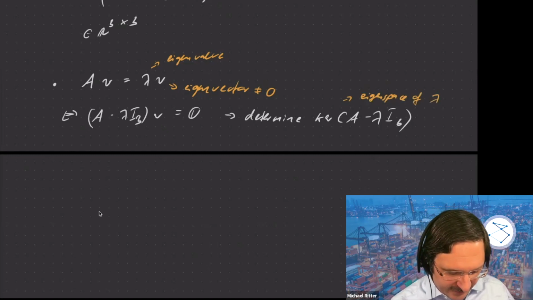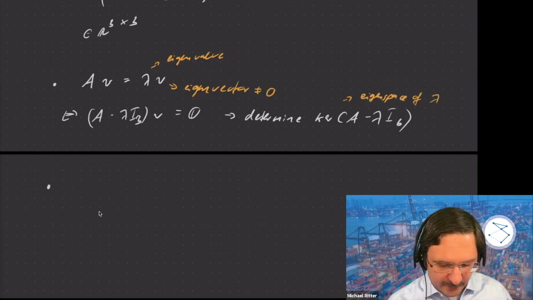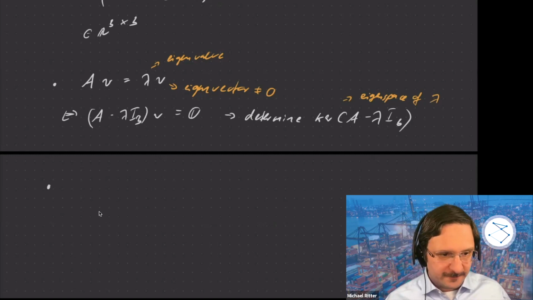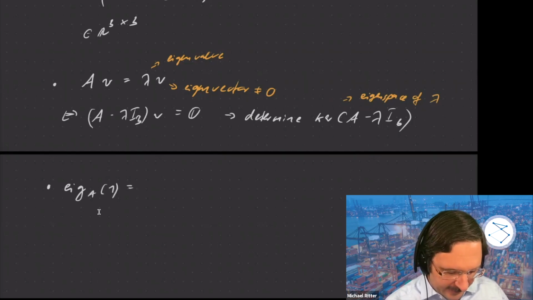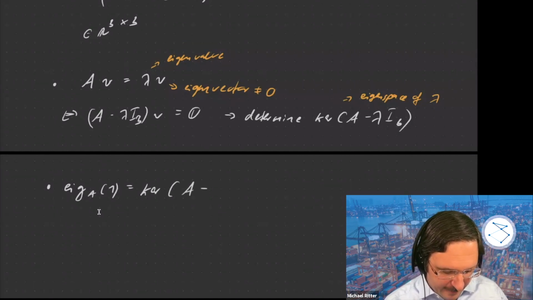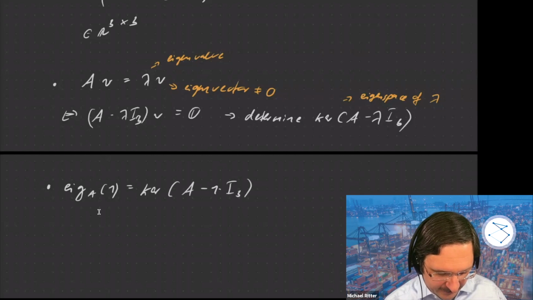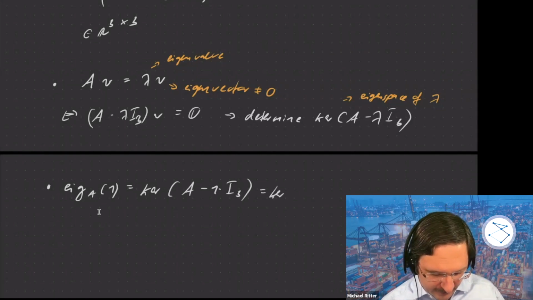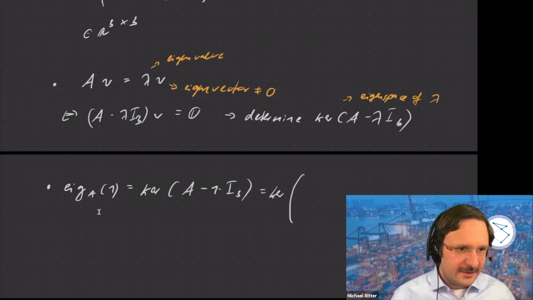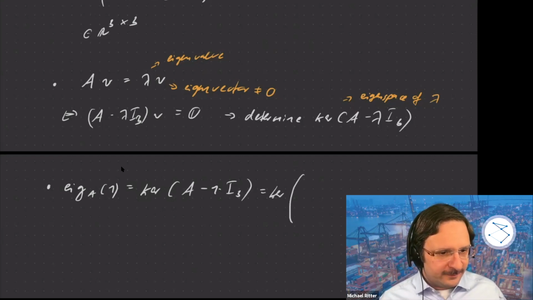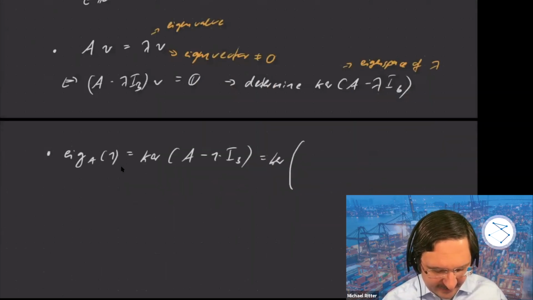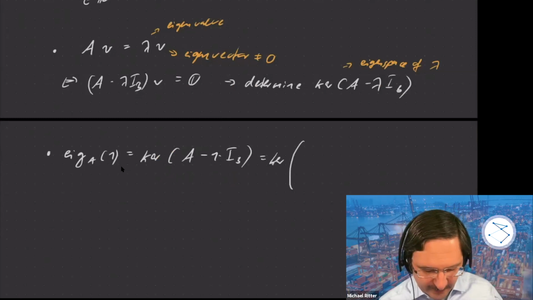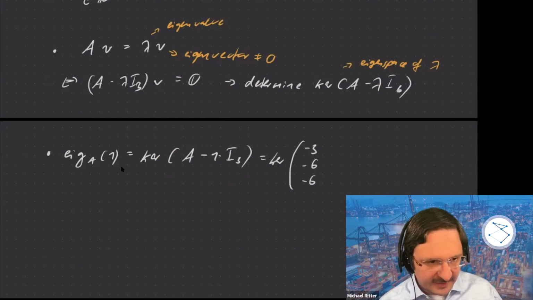So we're going to compute these eigenspaces. And we're going to start with the eigenvalue 1. The eigenspace of A for the eigenvalue 1 is the kernel of A minus 1 times I3. We have A, that was -2, -6, -6. If we subtract 1 on the diagonal, we get -3, -6, -6.